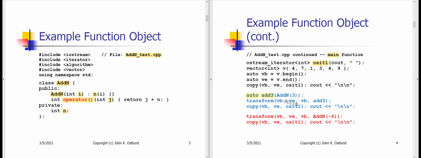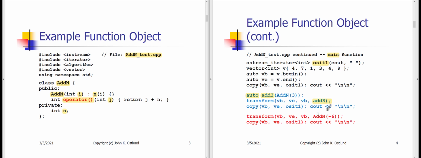And then I'm using a transform operation, and I'm passing in this add3 object that I've just declared. Since this add3 object belongs to the addN class, and it supports the function call operator, I can use transform to add 3 to each of the elements, starting from VB up to but not including VE, with the results going back into VB.